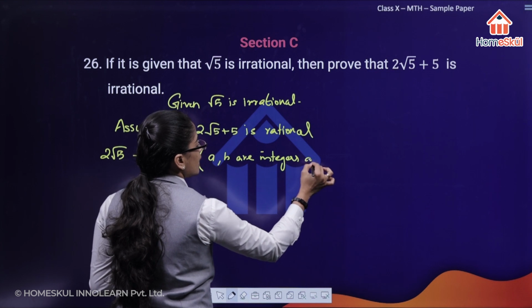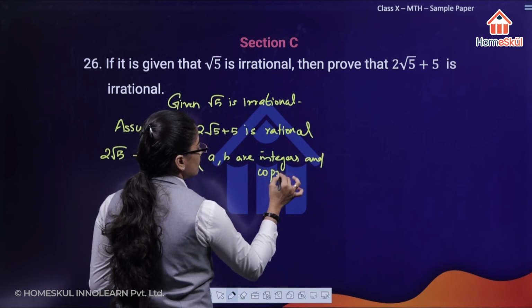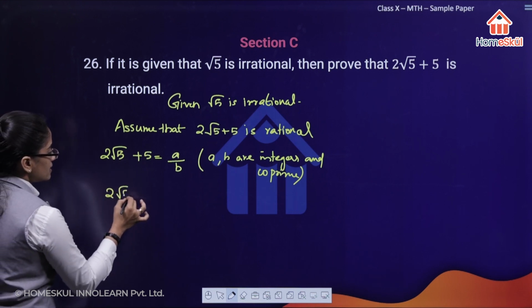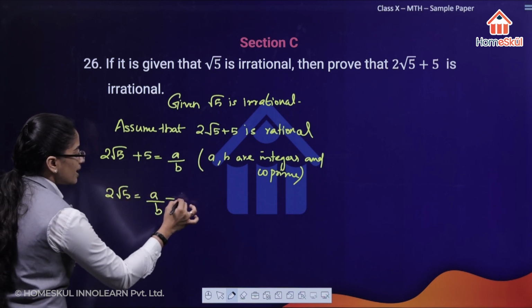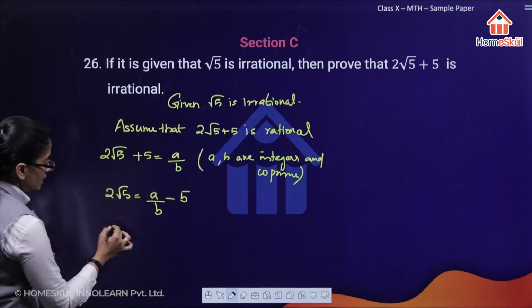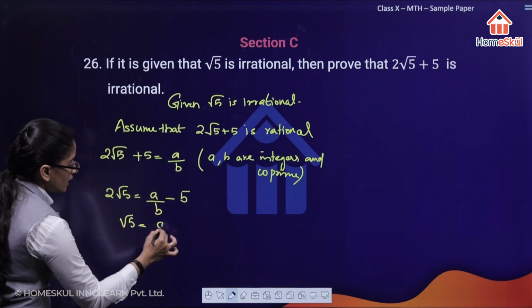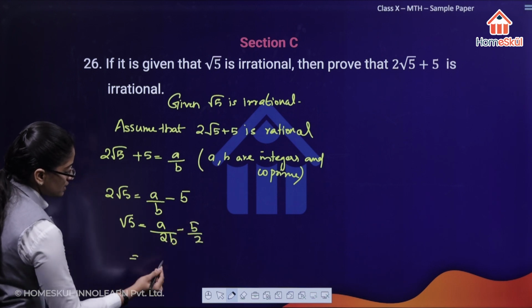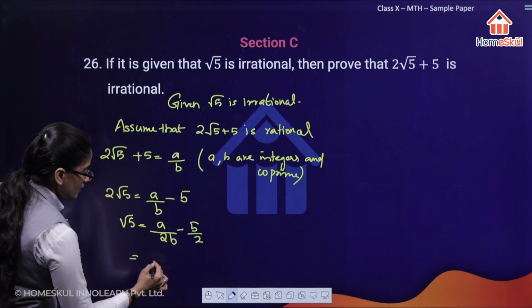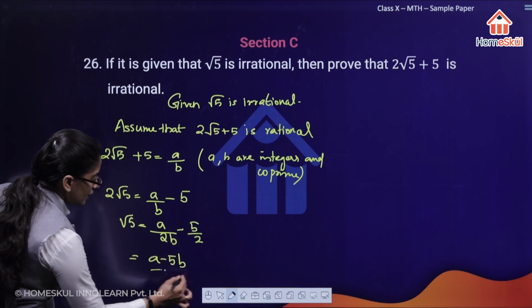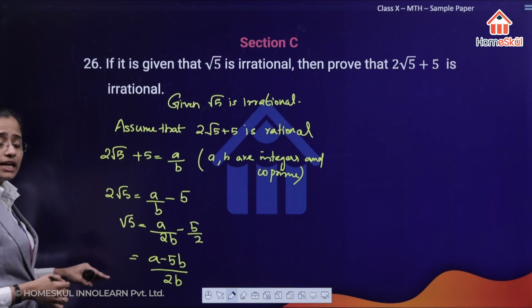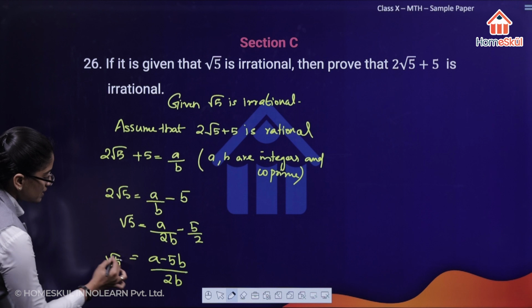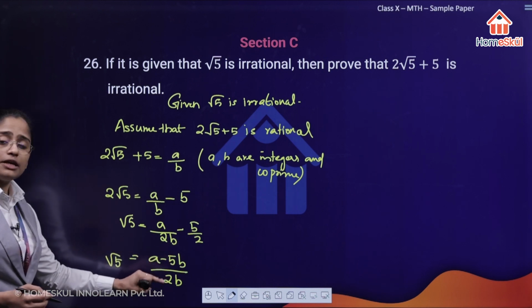Okay, that means 2 root 5 is equal to a by b minus 5, isn't it? Here root 5 is equal to a by 2b minus 5 by 2. That means we could take (a minus 5b) by 2b, isn't it? We are getting root 5 is equal to (a minus 5b) by 2b.